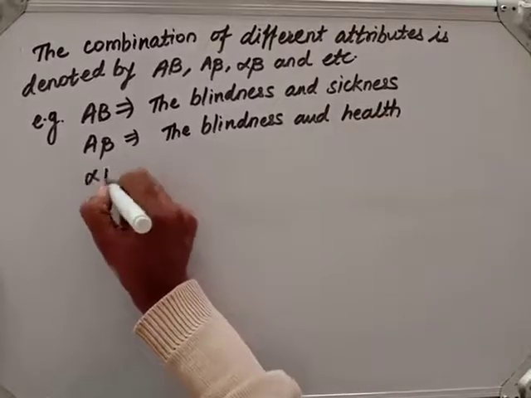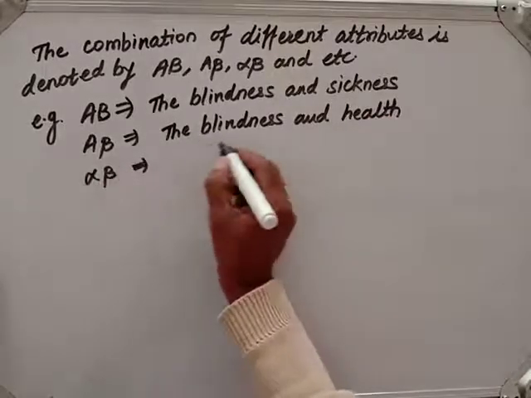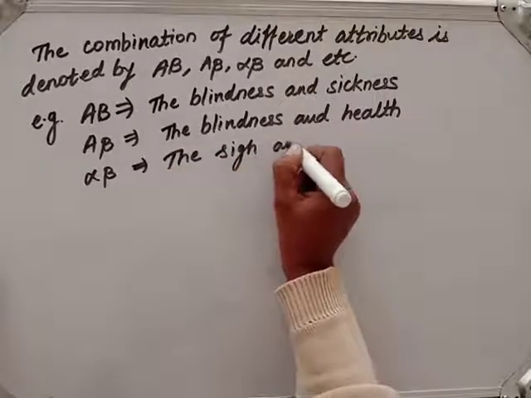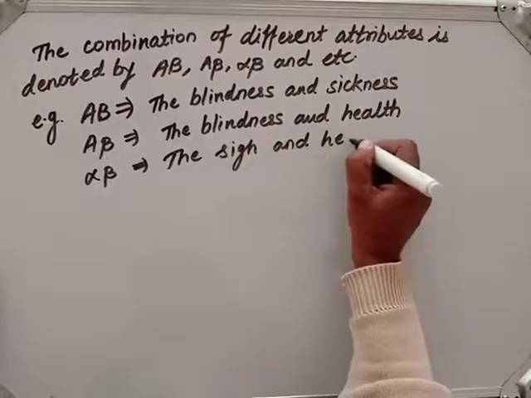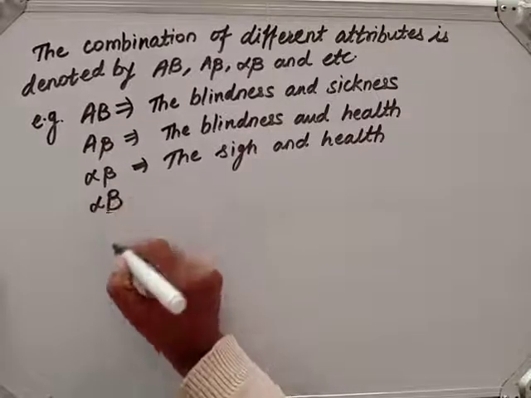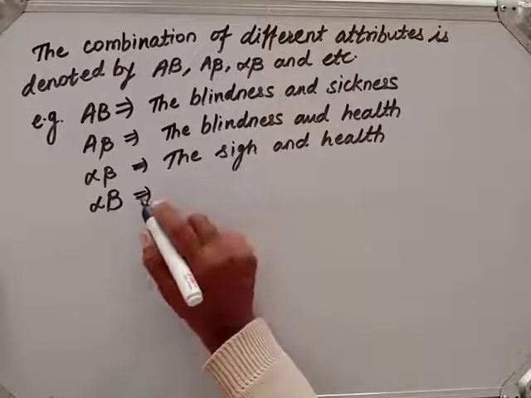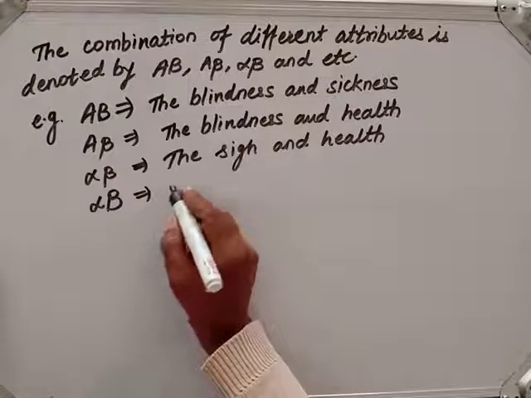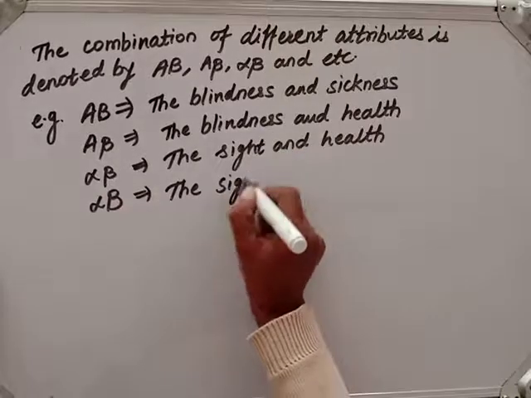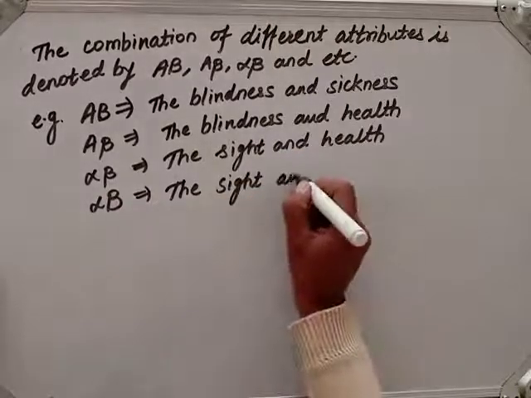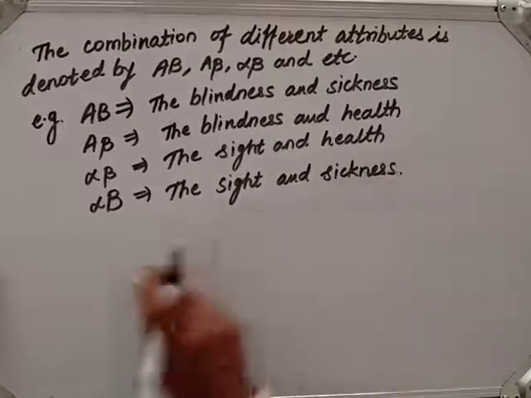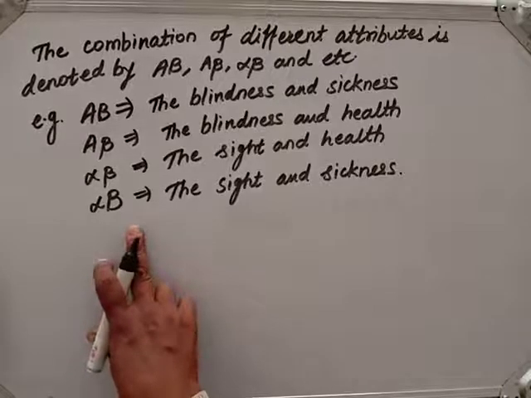Again, what about alpha beta? Alpha for sight and health. Again, if I say alpha B, then what does it say? The sight, opposite of blindness, and B for sickness. As such, the combination can be done.